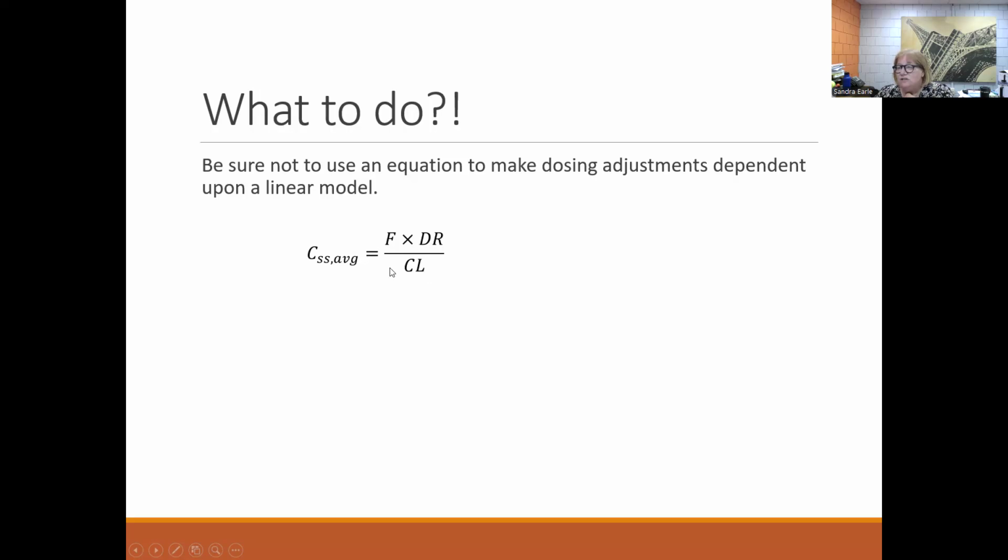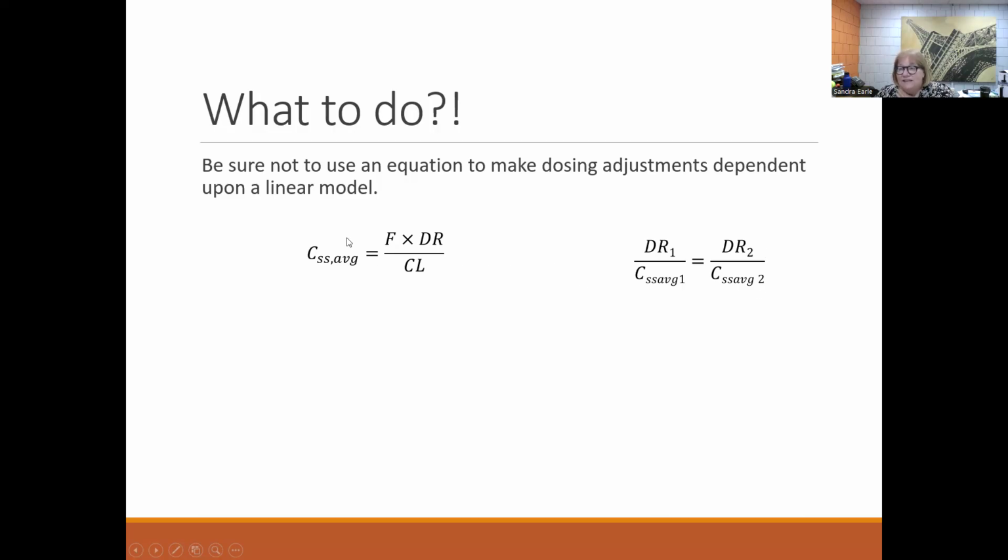So if these two things remain constant, then CSS average and dose rate become proportional. As our dose rate increases or decreases, our CSS average should increase or decrease proportionally. That would be linear, right? And we use that idea so that we can then say for linear drugs that dose rate 1 is to CSS average 1 as dose rate 2 is to CSS average 2.